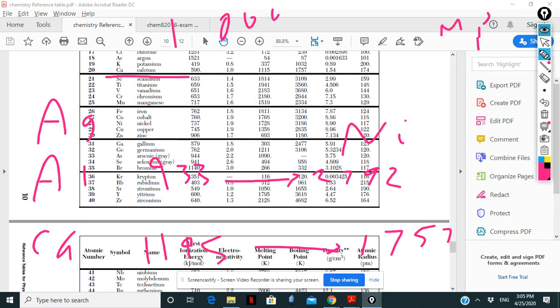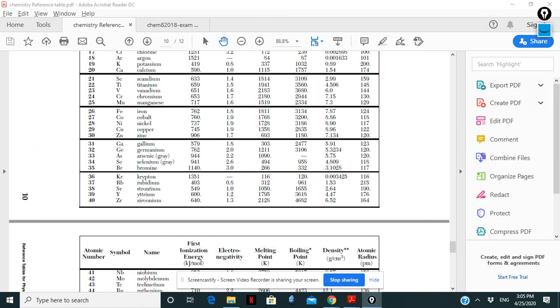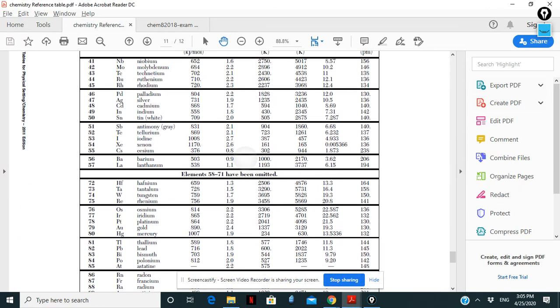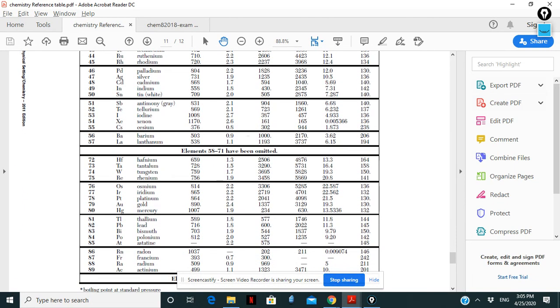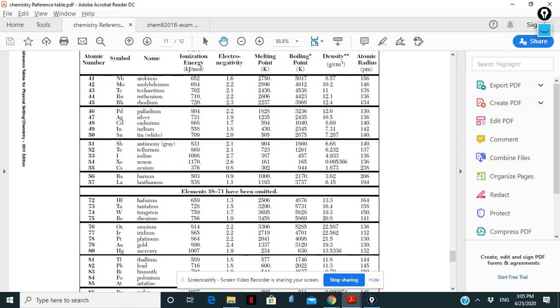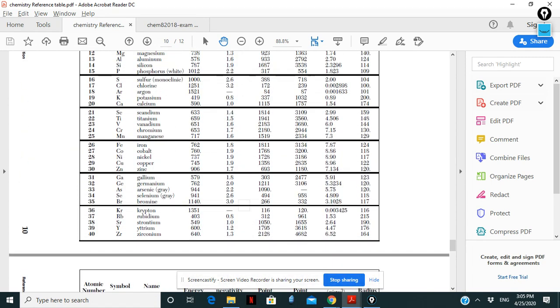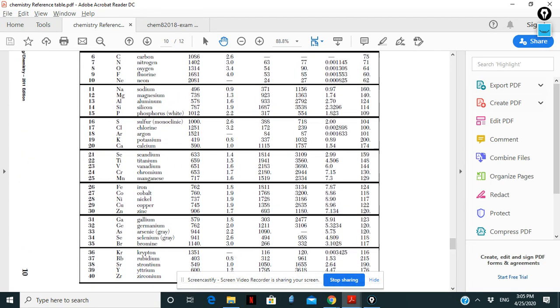Now for nickel, its melting point is 1728 and its boiling point is 3186. The last one is silver.